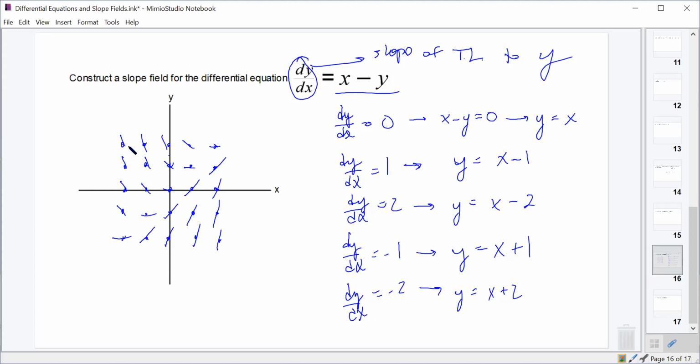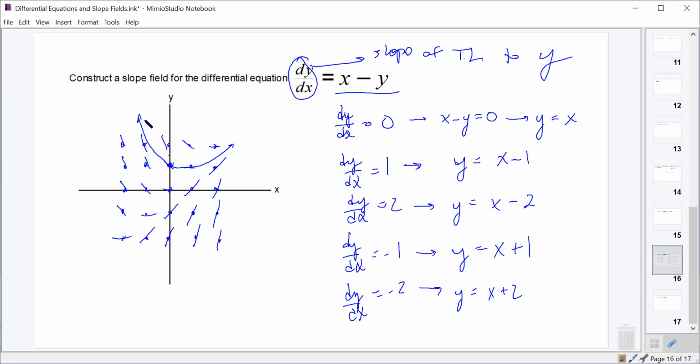And that should give us the basic idea of what a solution to this might look like going through any particular point that I might choose. So let's say we chose the point 0, 1. Well, it should have a slope of 1 there, should flatten out, and then increase to this slope of 1 over here. And over here, it should go to the left and get steeper.